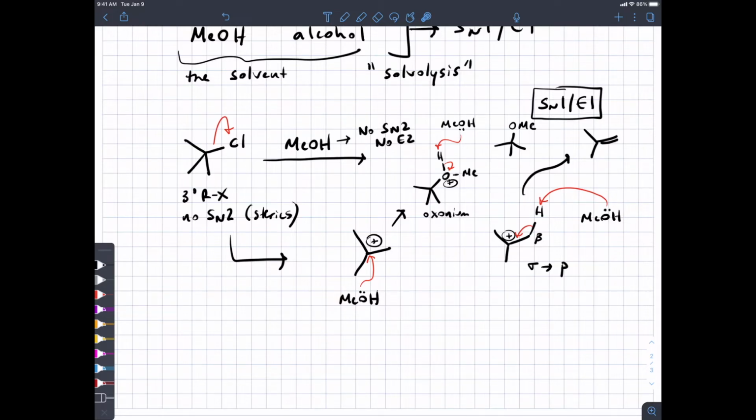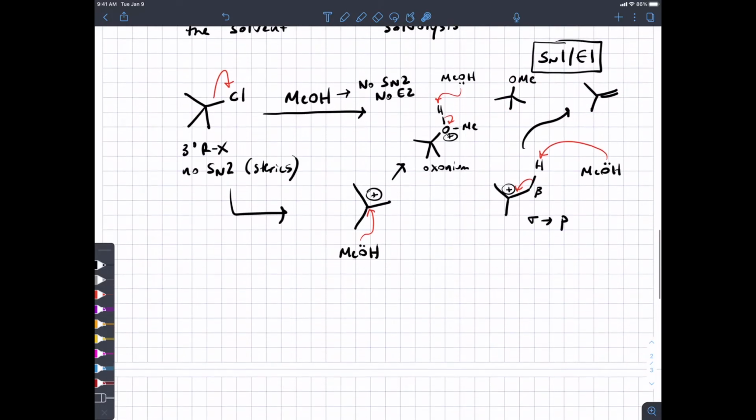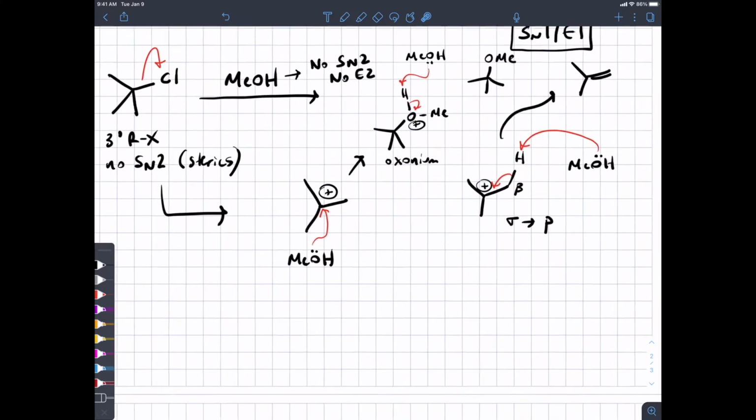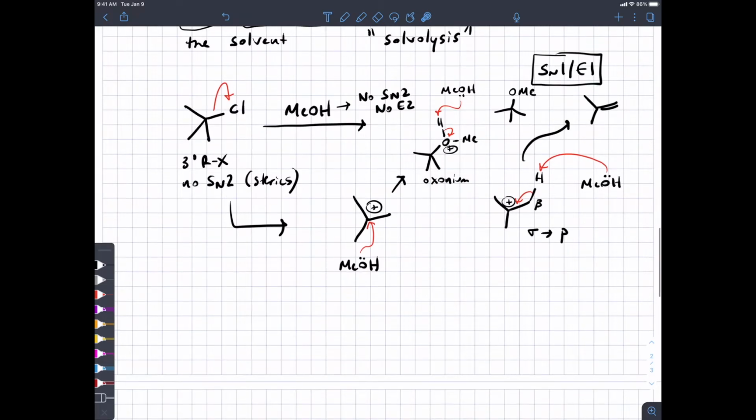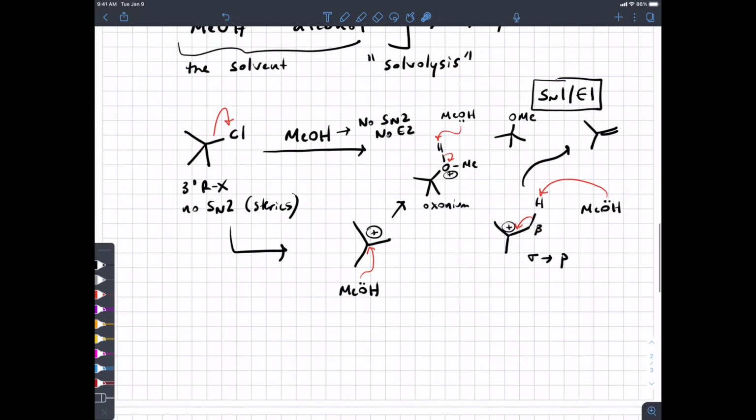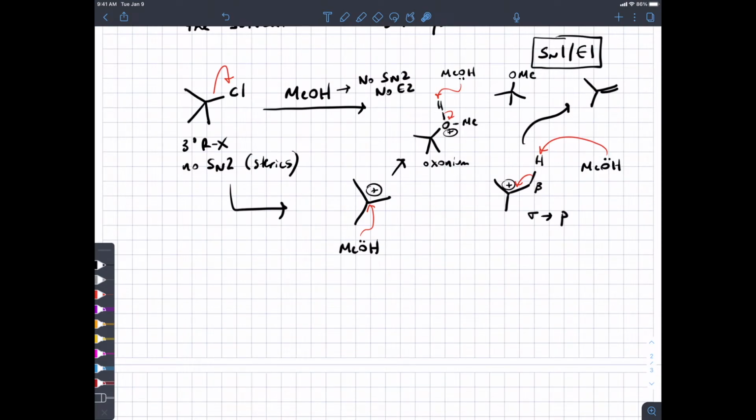I'm showing you it mostly as a way to talk about competing reactions and also as a way to talk about carbocations. In general, this is not synthetically useful because it's anybody's guess as to what you're going to get as products here. There's even more options than I'm showing you here because of a little something that I won't tell you about now, which is called carbocation rearrangement. And it's okay if the SpongeBobs are running around on fire in your brains right now because it's not a particularly fun topic.